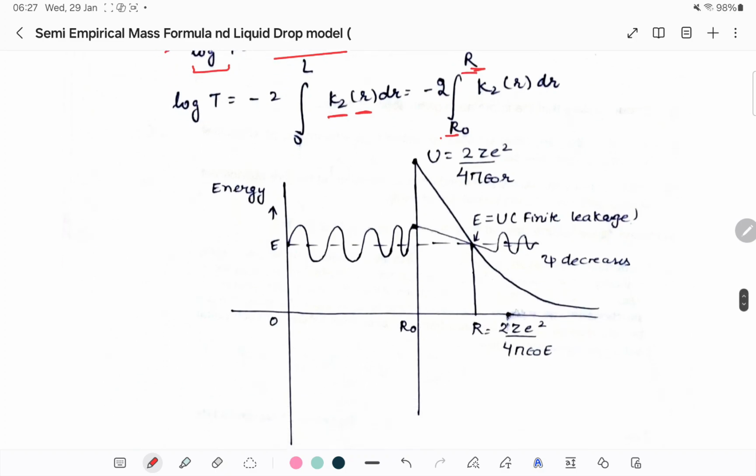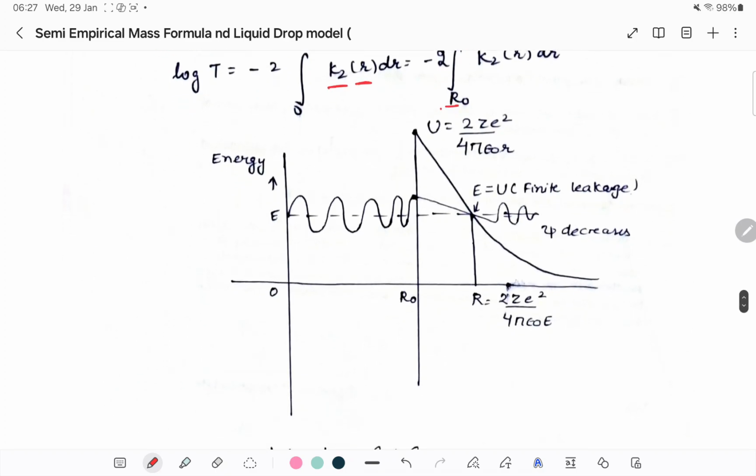Now let us study this graph. Suppose this is a potential barrier from 0 to r naught.